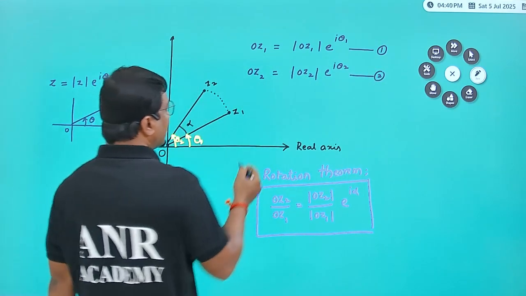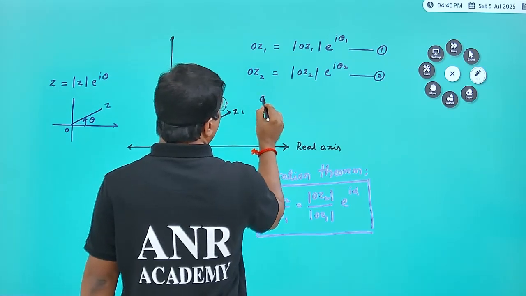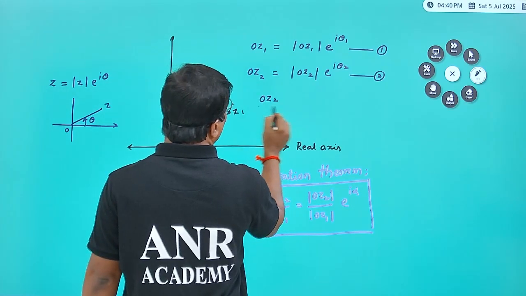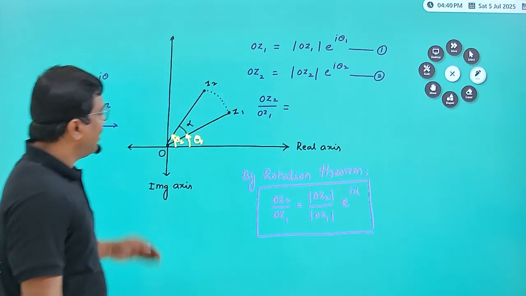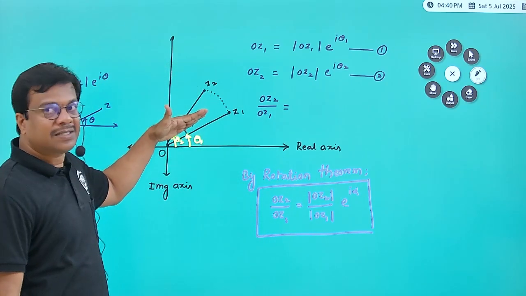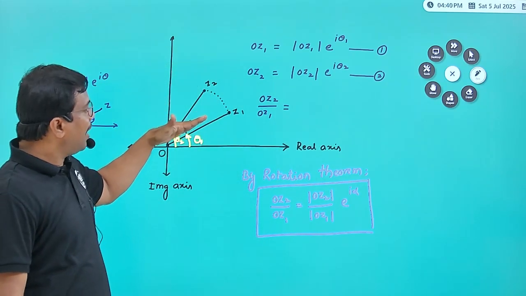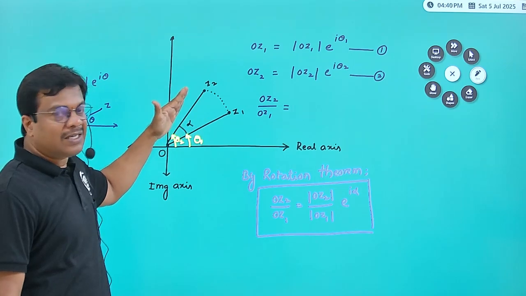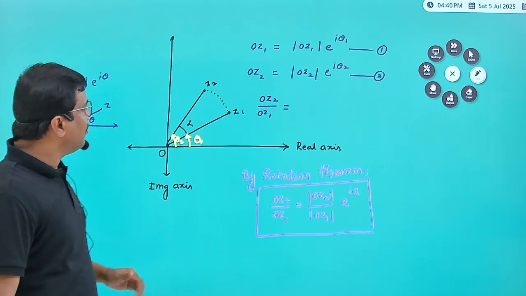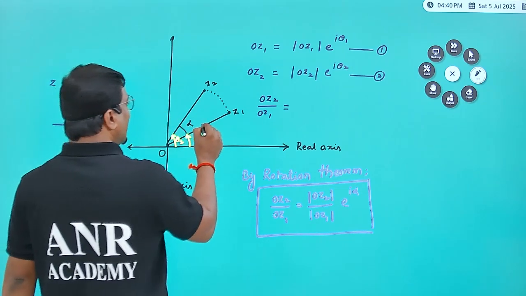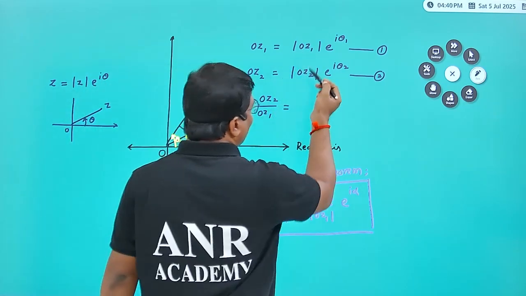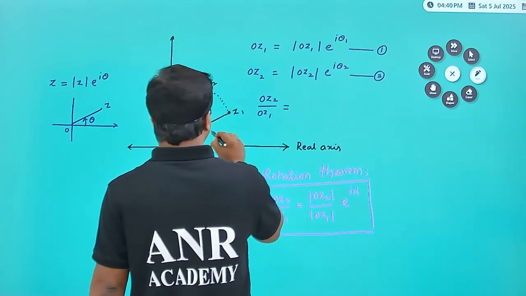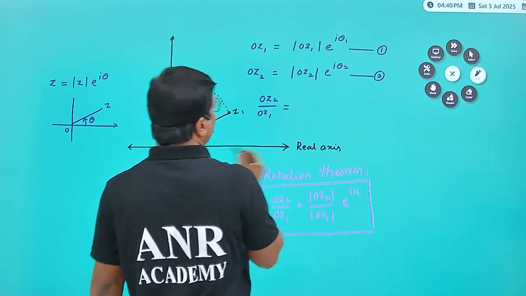Now OZ2 by OZ1 I am going to write. When OZ1 rotates through an angle alpha and after that the final position is OZ2, these two lengths are the same, so OZ1 and OZ2 are equal, assume they are some r.